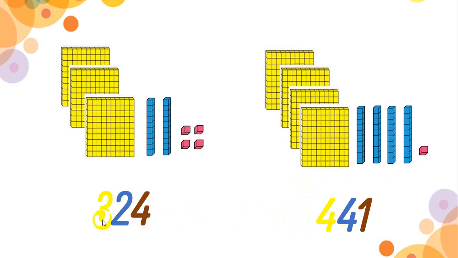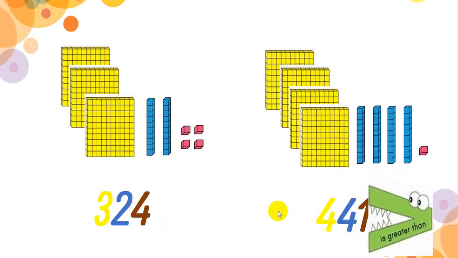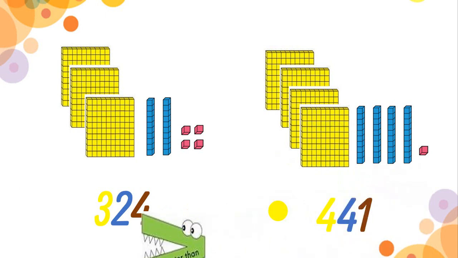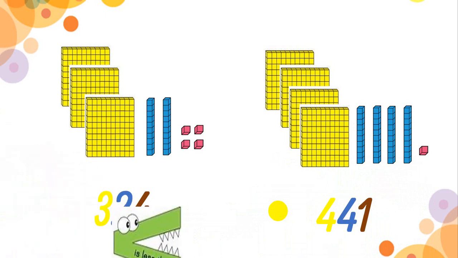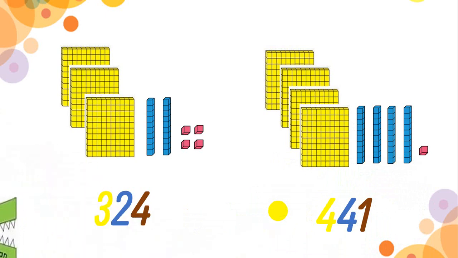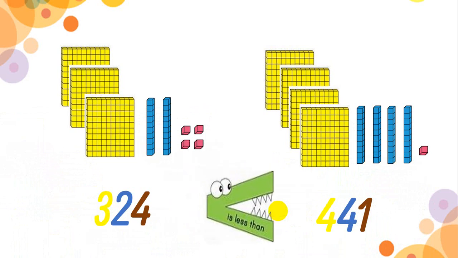In this place, we have 3, and here in the hundreds place we have 4. 3 is less than 4, so we can say 324 is less than 441.